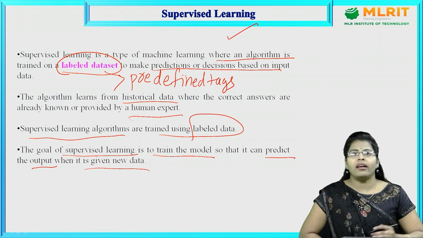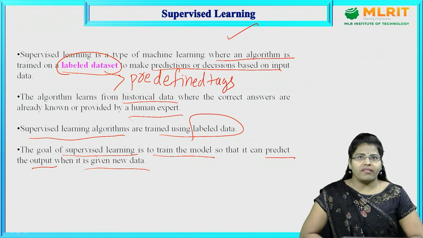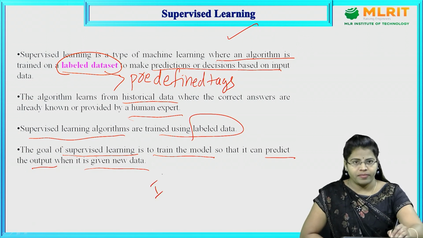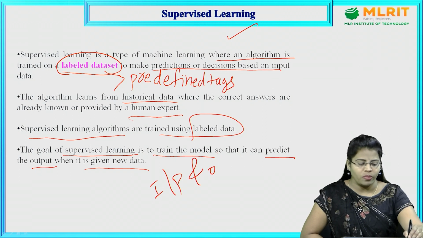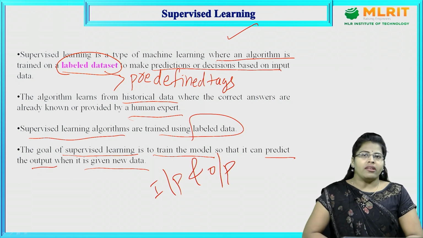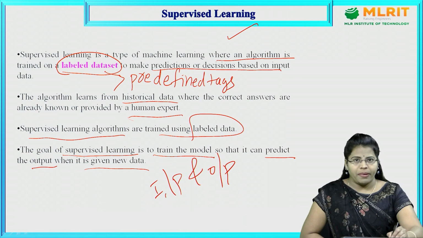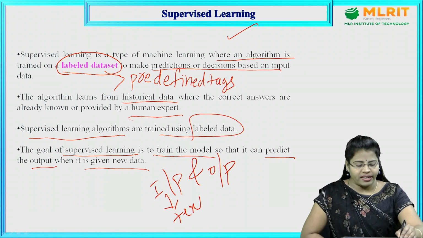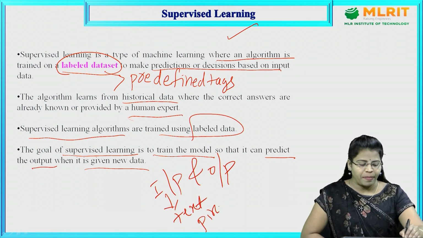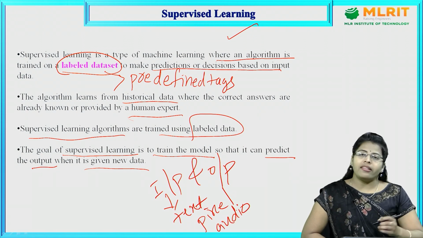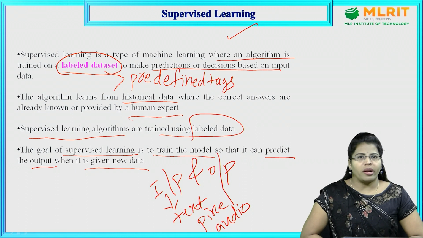That means here the training data set consists of input and also the output attributes. The input may be text data, pixels of an image, or audio frequency, whatever it is.